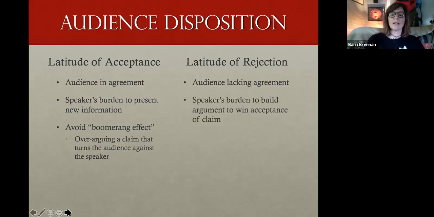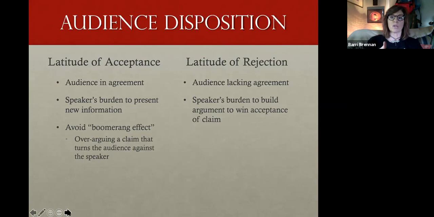If the audience is lacking agreement, your job is to try to win our acceptance. And how are you going to do that? We live in a culture that likes proof and facts. So if you can prove to us, or if you need to appeal to our values or our emotions, but if you can prove it to us that this is going to work, or that science backs this idea, or there's a proven record that this has worked in maybe another country, right?